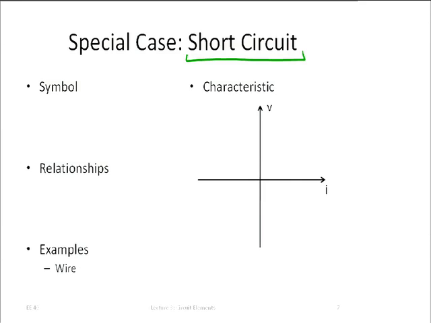Okay, but what's the voltage across a short circuit? 0, right? Exactly. The voltage is 0. A short circuit is simply a special case of a voltage source where V is equal to 0 and the current is arbitrary. Sometimes it's very large, obviously, if I go and put my short circuit across there.